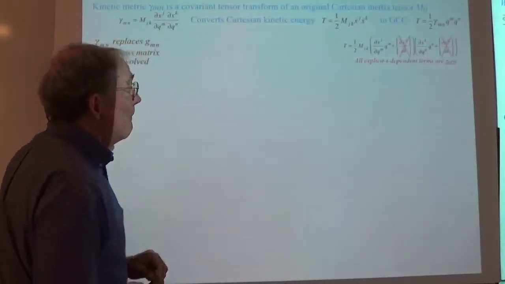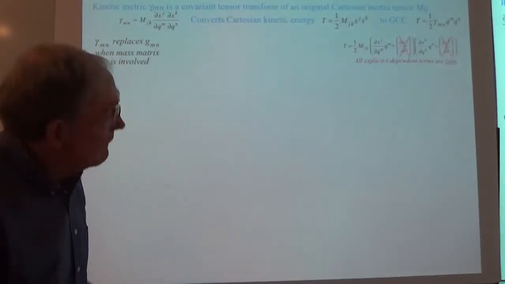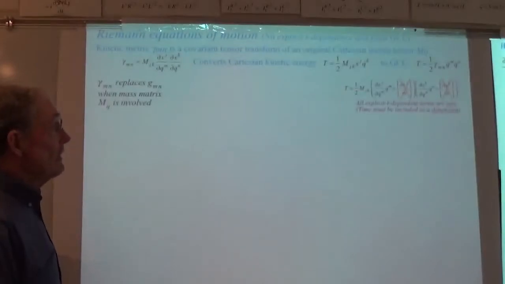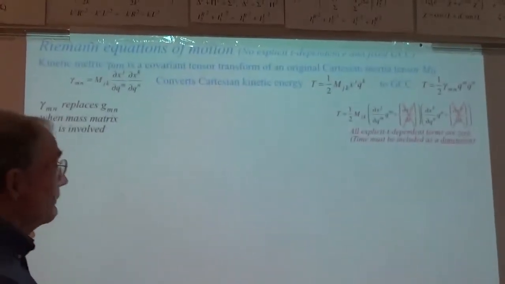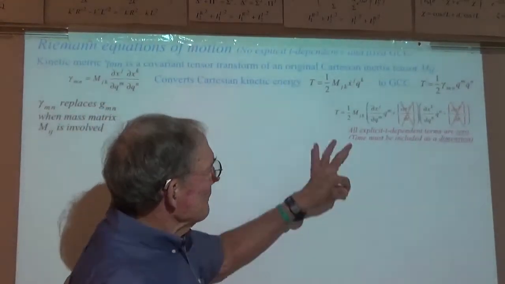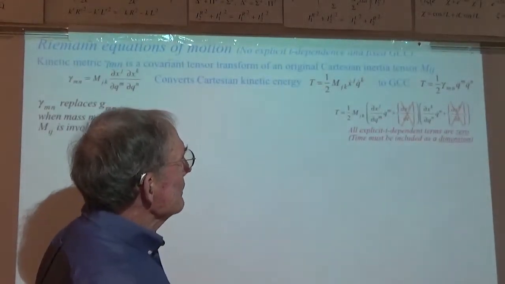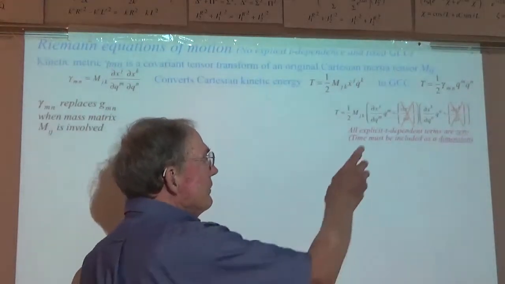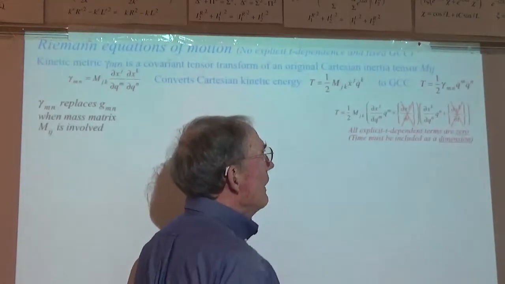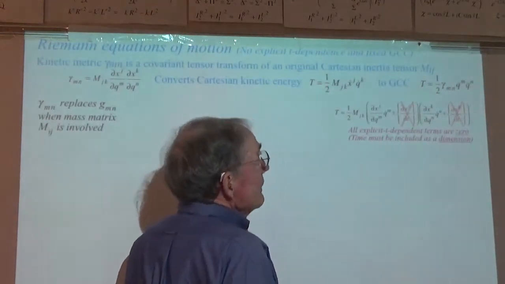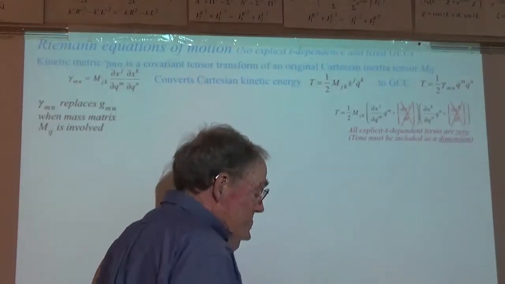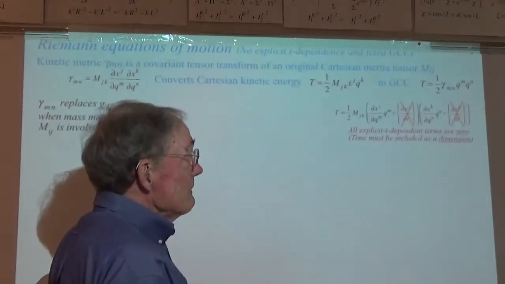Now, a couple of things I have to say right off the bat here. The Lagrange equations, the four-wheel drive garbage truck that I'll be putting back here in just a minute, could handle situations where the coordinates, the Cartesian coordinates, had explicit time dependence.